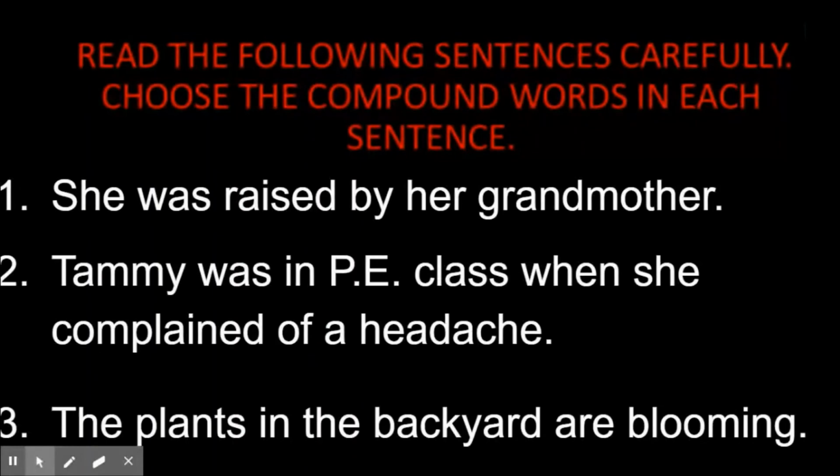So your job here is to pause the video and highlight or write down each compound word in the sentence. Okay, so each sentence has only one. There you go. That's the clue. Okay, so again, pause the video. We'll reconvene together in just a minute or so. I just want you to have some time to work this out on your own.